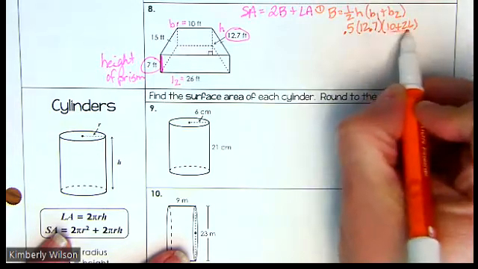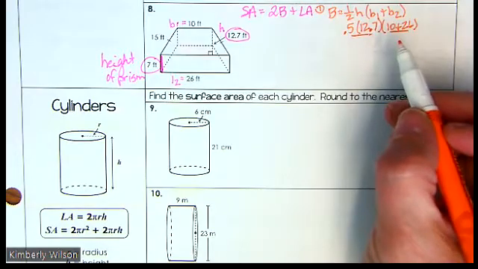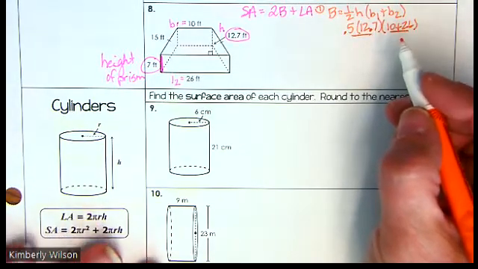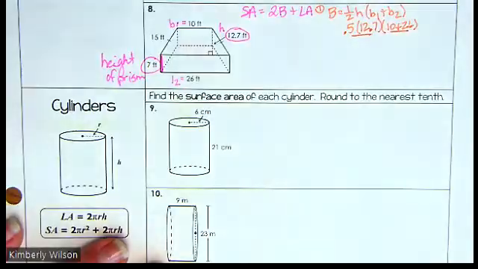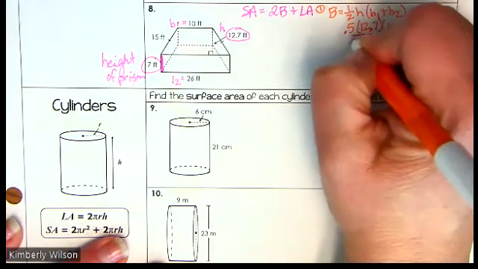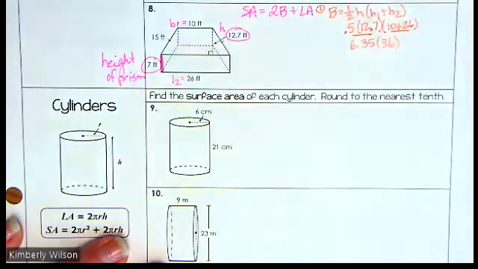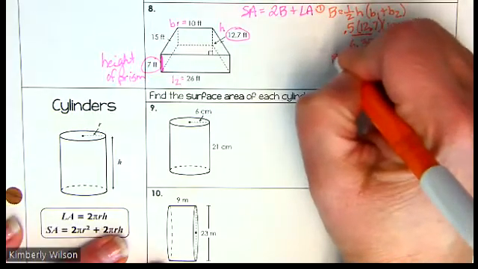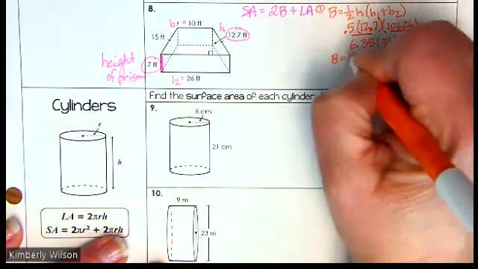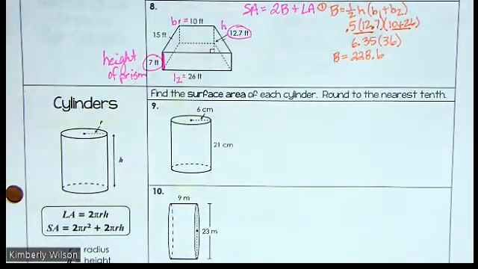So now I'm going to add this and multiply this. So I have 0.5 times 12.7, and that gives me 6.35 times 36. So this gives me that my capital B is 228.6. All right, did my first step.